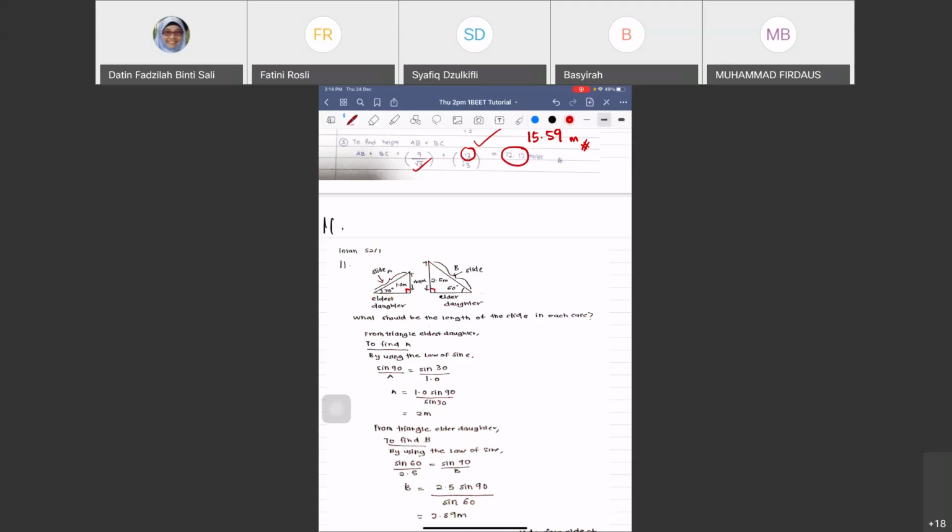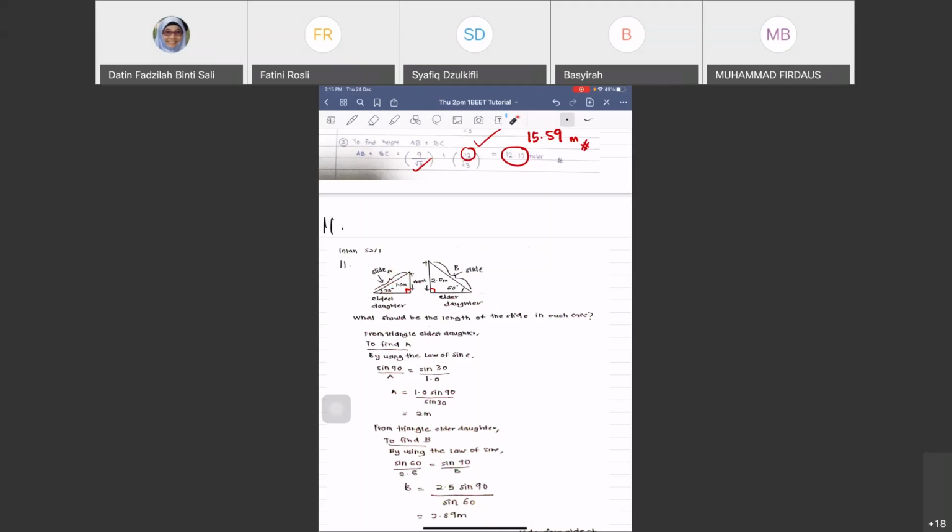Basically what you have is the opposite over hypotenuse relationship, and then the angle. So basically both are about sine 30, 1 over whatever you call it here. If your friends use a, then it's this a.